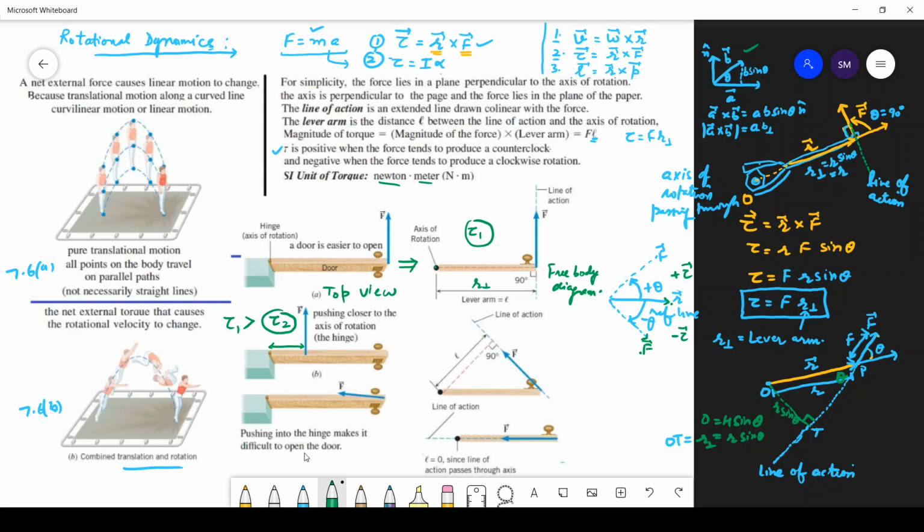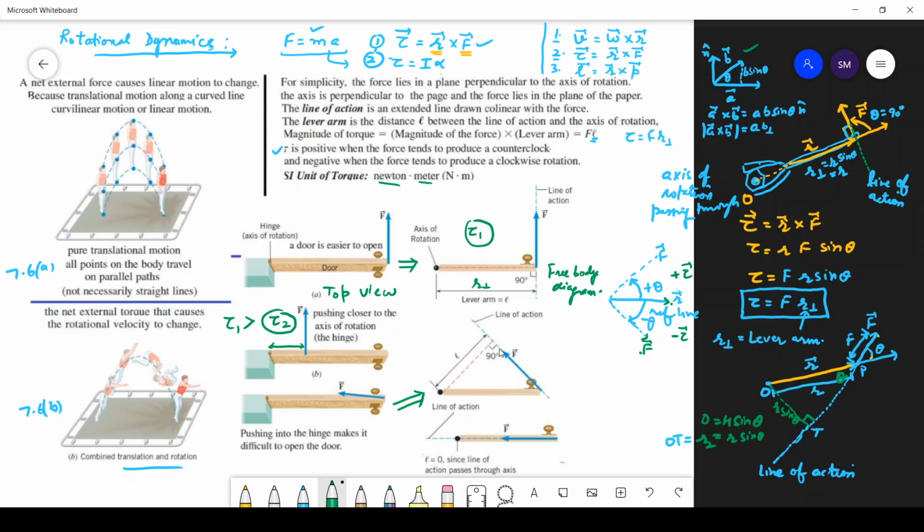Now there is a third figure. Here you are not applying the force at 90 degrees, but at some acute angle. Here you were applying the force at 90 degrees, right? This is the free body diagram of this figure. Now look at this figure. You are applying the force at some angle, not at 90 degrees.